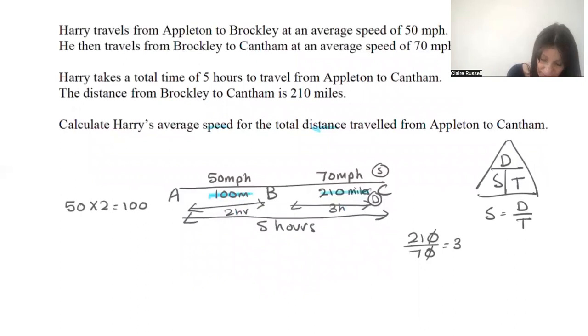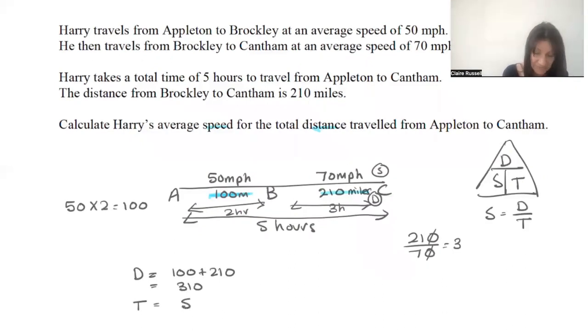So my total distance, okay, is 100 plus 210, which is 310. My total time was 5. They did tell us that at the beginning. So my speed is distance, 310 divided by 5.